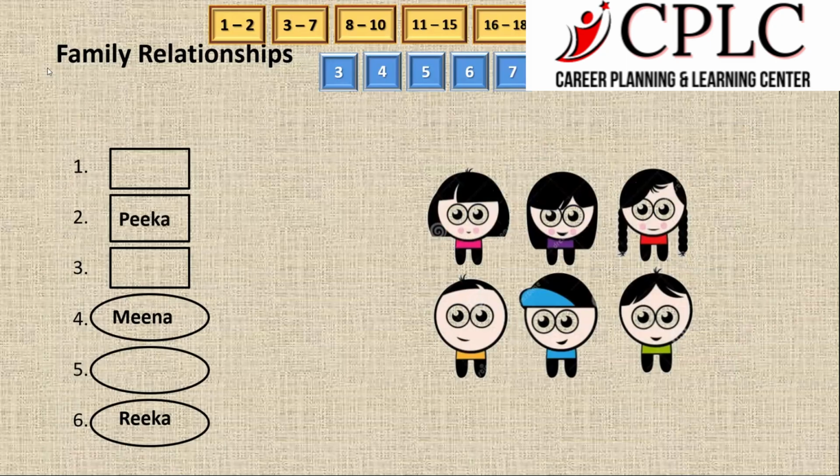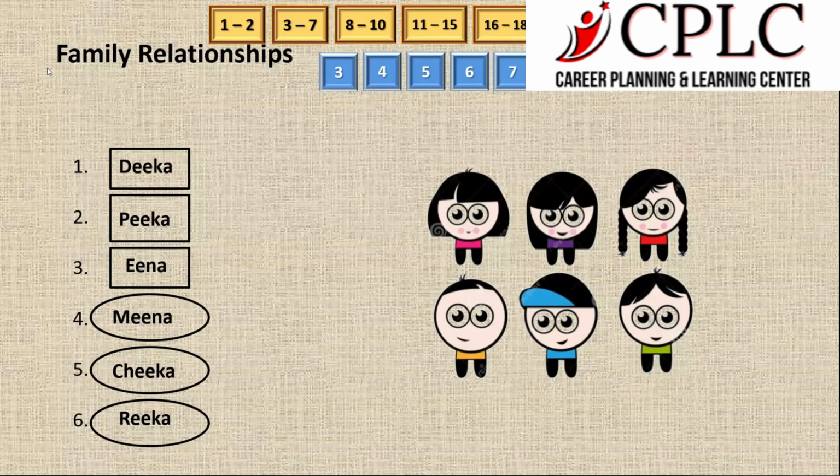Further, it is known that Pika is not youngest, not eldest among the brothers. Hence, I'll write Pika in the middle. Then, it is said that Chika is one of his sisters. That means Chika will come at the fifth place. Ina is just elder to Meena. Just elder means I'll write Ina at 3 and the remaining person, that is Dika, at first. Hence, we are done with the set.